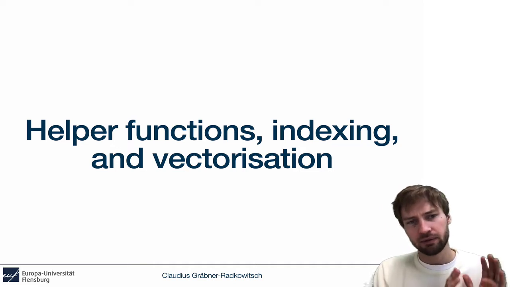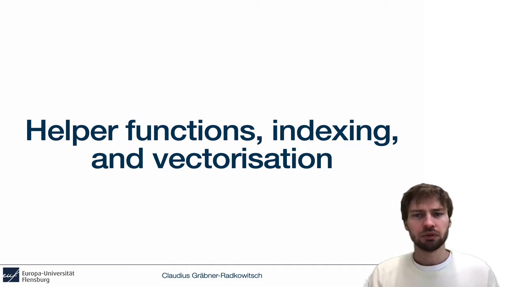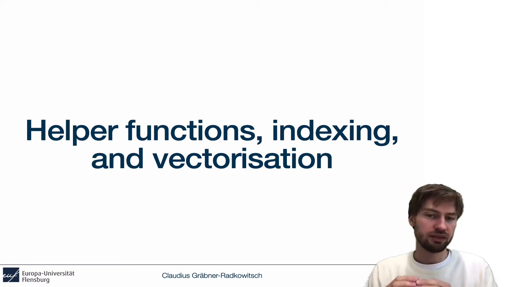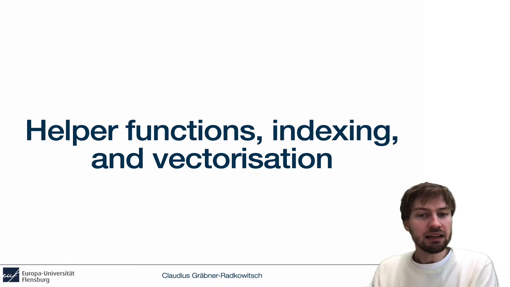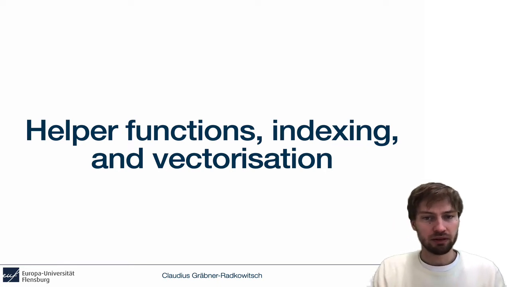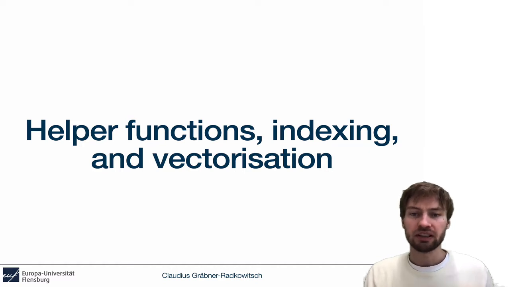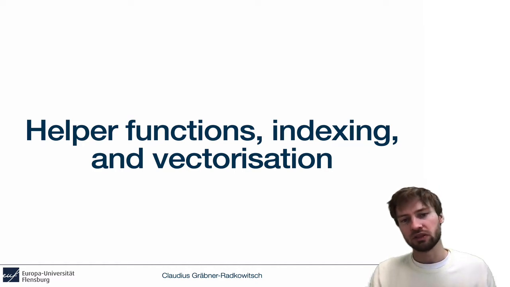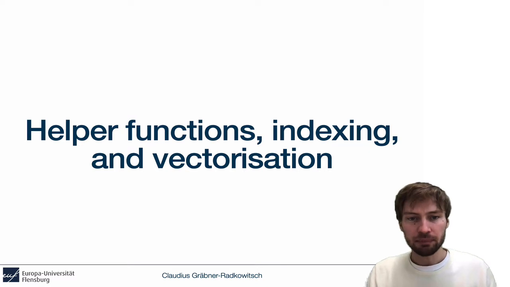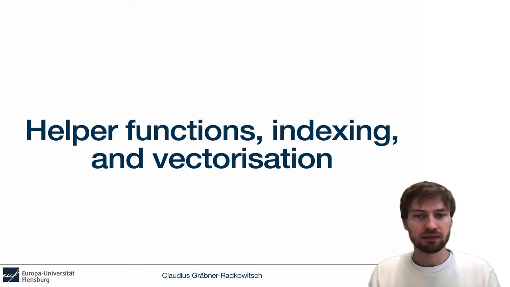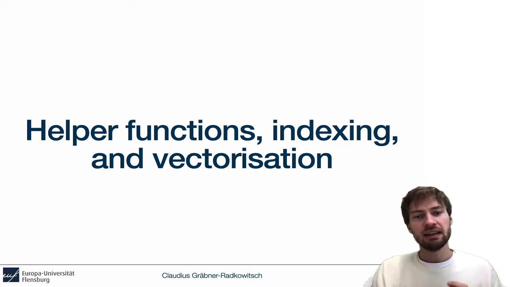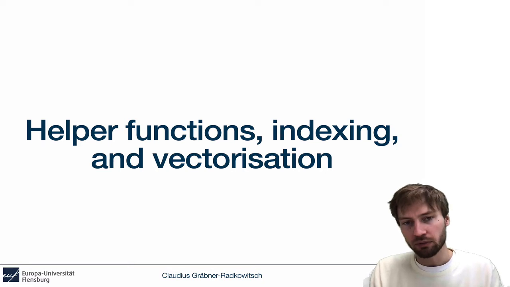And aside from these very useful practical helper functions, you will also learn about indexing, so how you can access or substitute single elements of atomic vectors with many elements. And you will learn about the super important concept of vectorization, which allows you to speed up computations on many elements considerably by actually placing all these elements into one atomic vector and then applying a function to the overall vector.